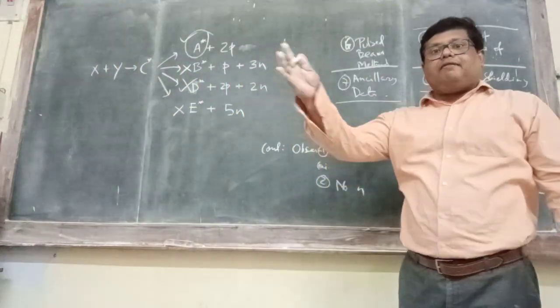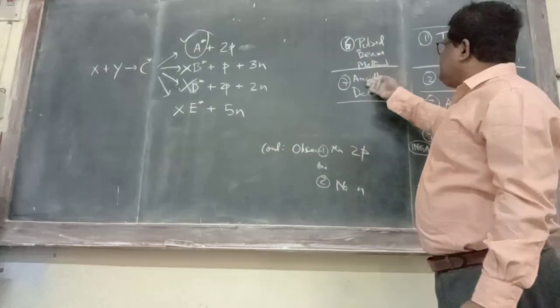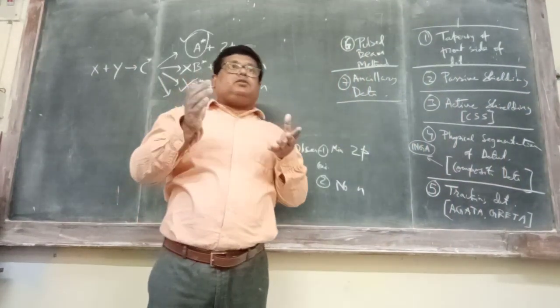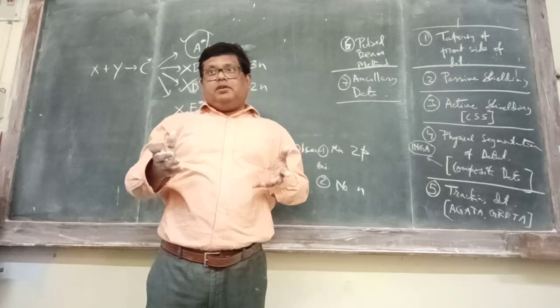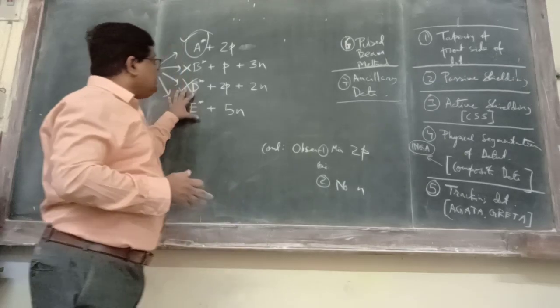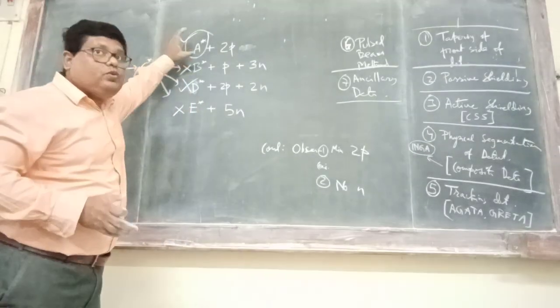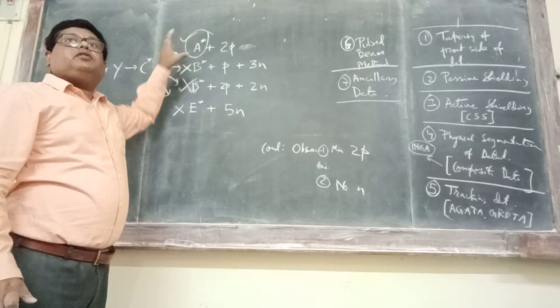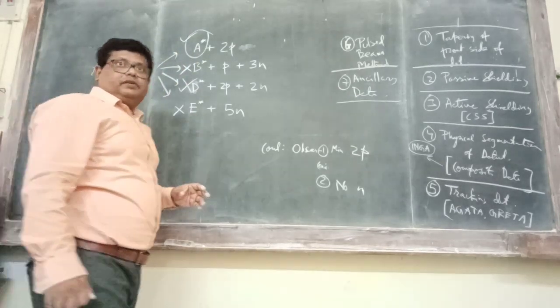So this is the advantage of using the ancillary detectors. Ancillary detectors means charged particle and neutron detectors, which will help us in identifying our nucleus of interest for gamma ray spectroscopy.